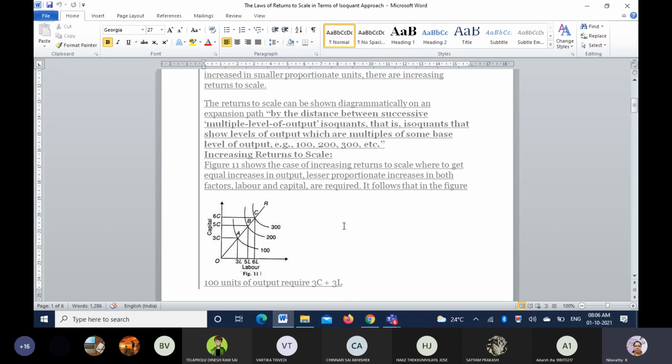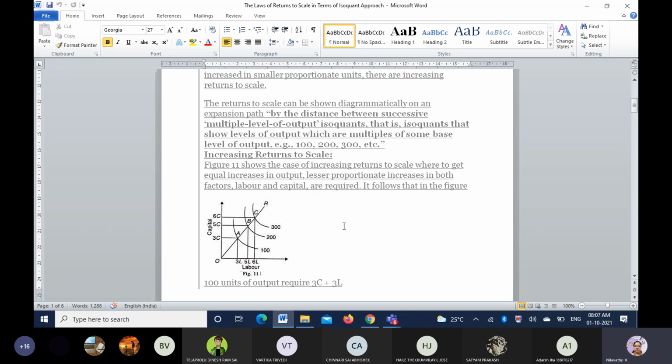This diagram explains the increasing returns to scale. Increasing returns means that when the same proportion of the scale of input is used in the production process, the output that you are going to get will be increasing. That is what increasing returns is.